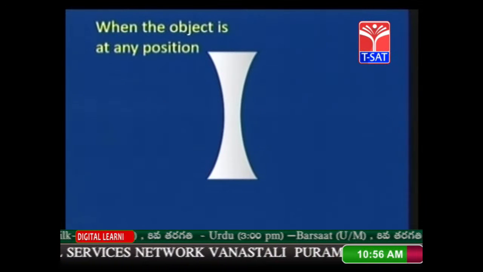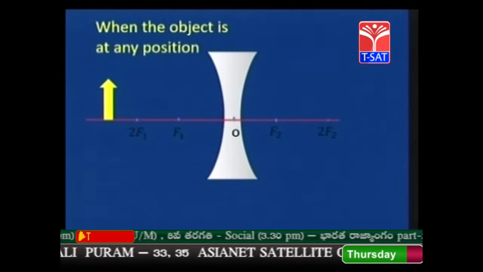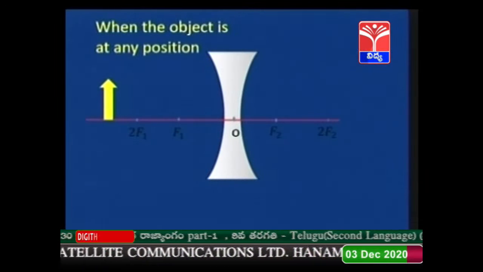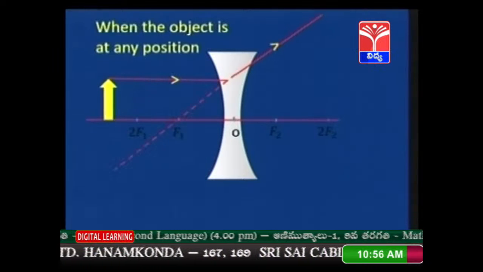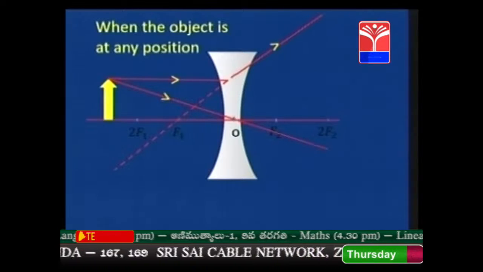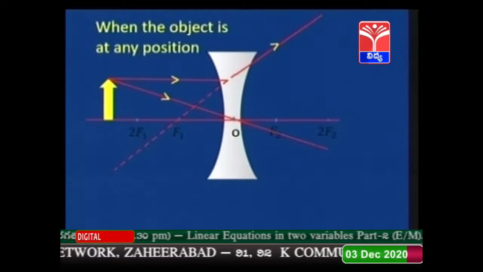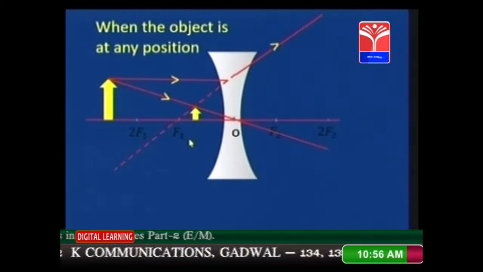So for a concave lens, when the object is at any position, this is a biconcave lens, and if you place an object at any position, irrespective of the position of the object, take a light ray, this is refracted, extend backwards, and the light passing through the optical center, these two light rays appear to meet at this point.